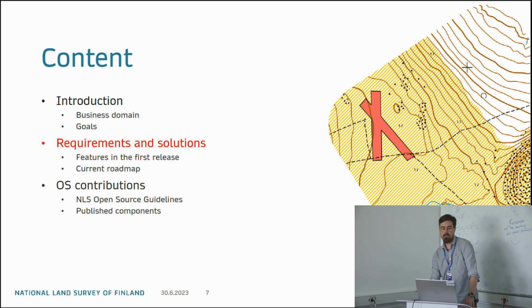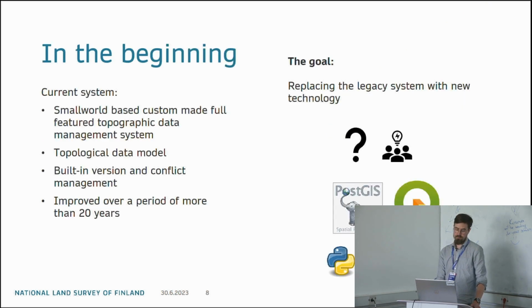Next, let's take a look at the requirements and solutions. In the beginning of the development, we had the current system as a reference. It's a Smallworld-based, custom-made, full-featured topographic data management system with a topological data model, which is quite different from the new one.